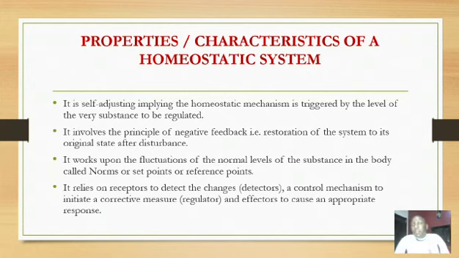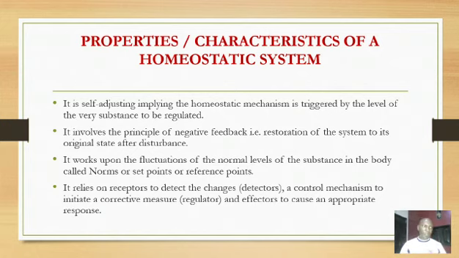It therefore means that that mechanism of maintaining the carbon dioxide levels constant is triggered by carbon dioxide itself. Therefore, the factor which is to be maintained constant is the very factor that triggers the homeostatic mechanism. In other words, it adjusts itself. The homeostatic system is self-adjusting. The mechanism is triggered by that very factor.